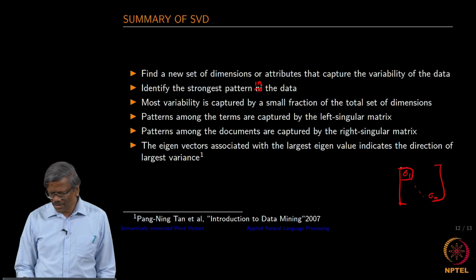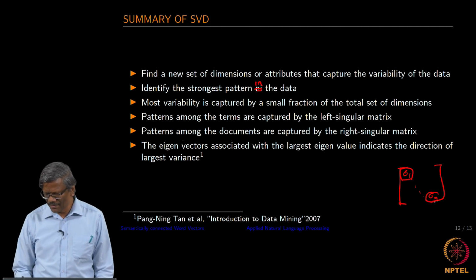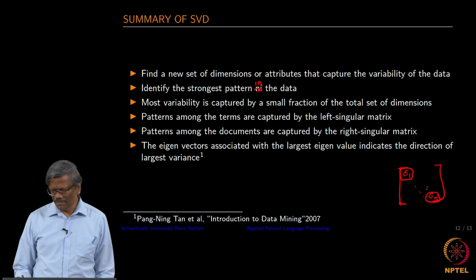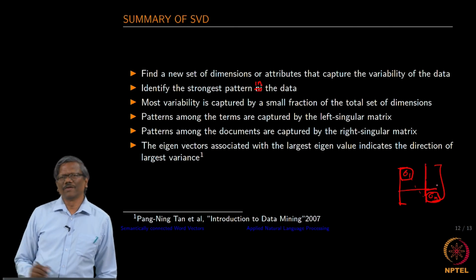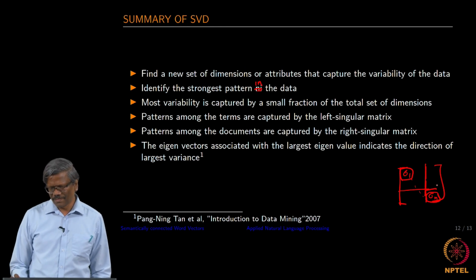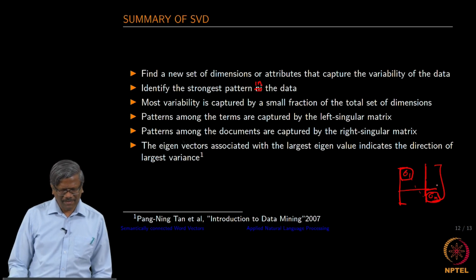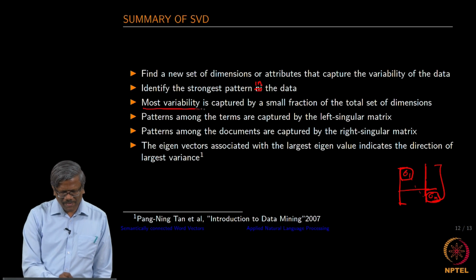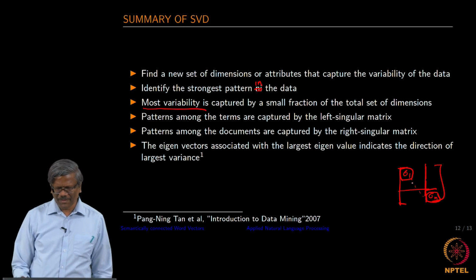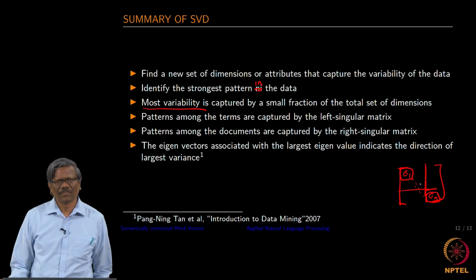So this contributes the maximum, and this contributes the lowest. That is why we are able to cut and reduce the dimension, and we are still reconstructing the original document with minimal error, right? So we also know that the most variability is captured by a small set of values.